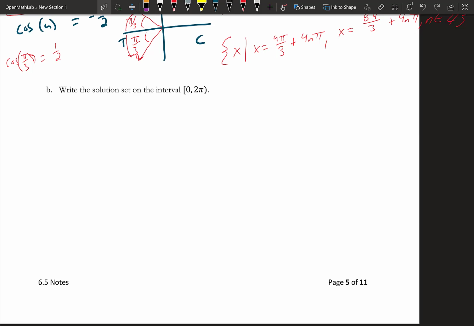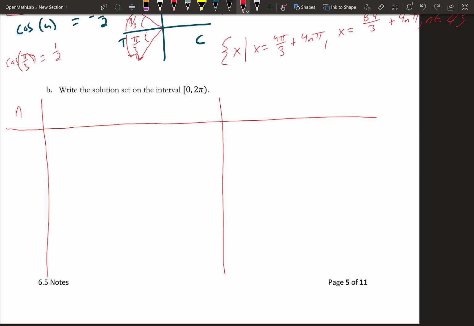So again, I like to approach this with a table, just plugging in various values for n and seeing what works in that interval. The difference here between this one and the last one is that we actually have 2 different general equations for x.